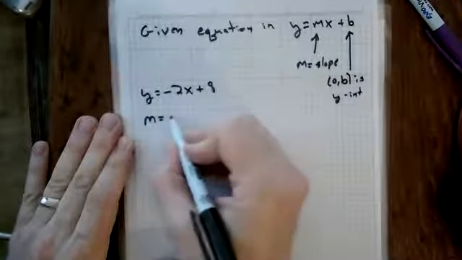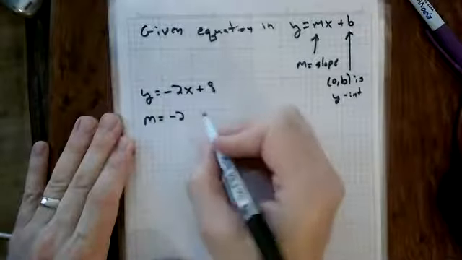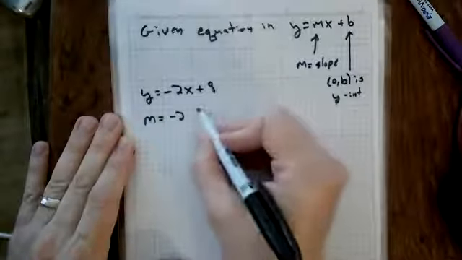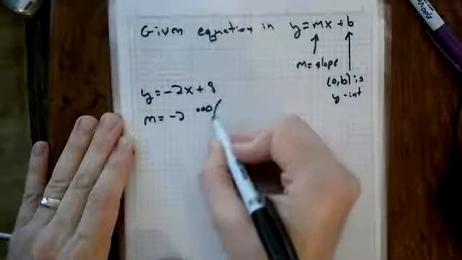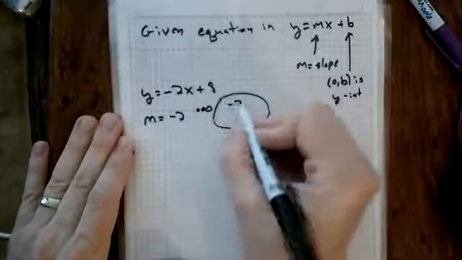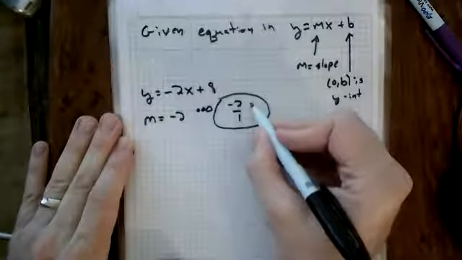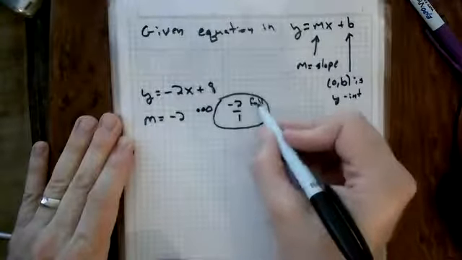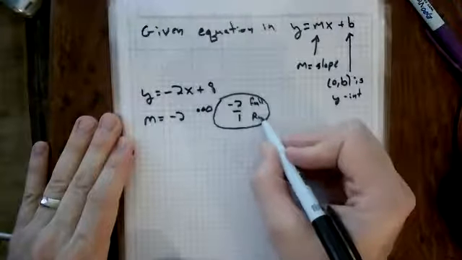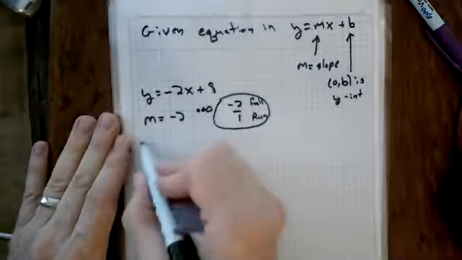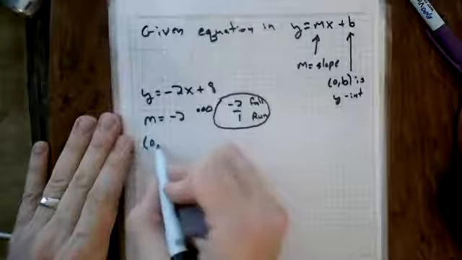I can tell that my slope is going to be -2. I'll also note that this could be the same thing as -2 over 1. So I've got a fall of 2 instead of a rise, for a run of 1. And my y-intercept is 0, 8.